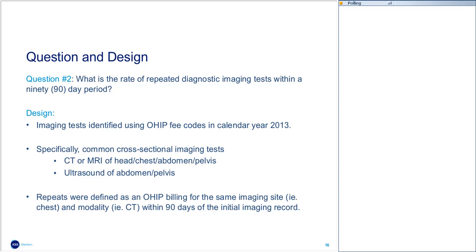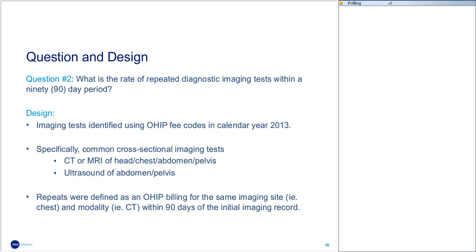Choosing these specifically was guided by the physician input on our team. They thought these ones would be most common, most costly to the system, likely, and some of them as well, you're dealing with radiation exposure as well, so there's potential that inappropriate repeats of these would also be harmful to the patient.